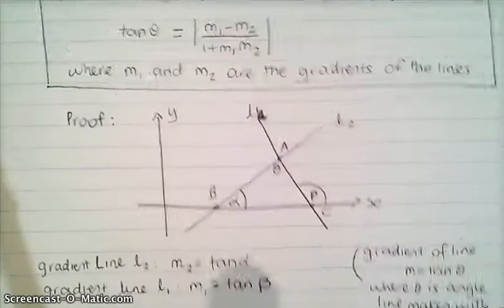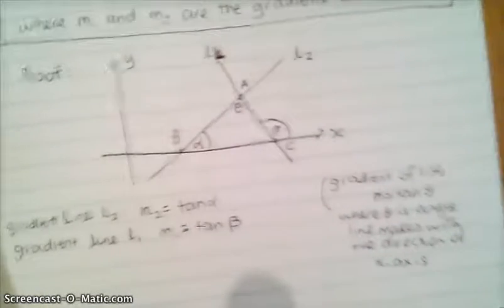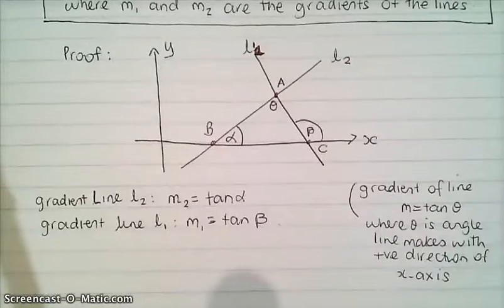Okay, so m equals tan theta, you would have learned that last year in Year 10. So that gives you the gradient of a line as well. So we're going to continue on with this proof.